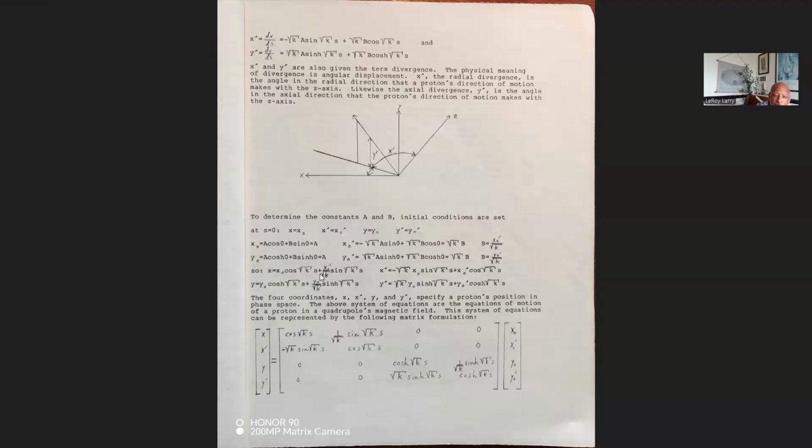Times the distance along the z-axis, the trajectory of that proton through the booster synchrotron, plus the change in the horizontal position with respect to the z-axis divided by the square root of that constant, times the sine of the square root of that force constant times the distance s.